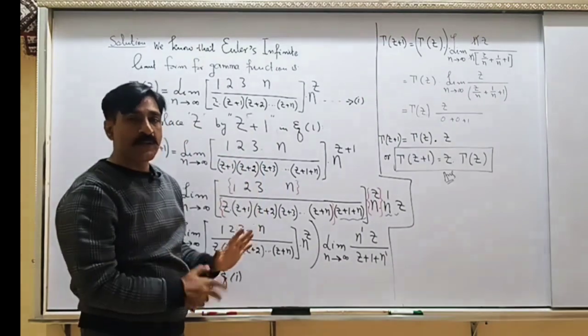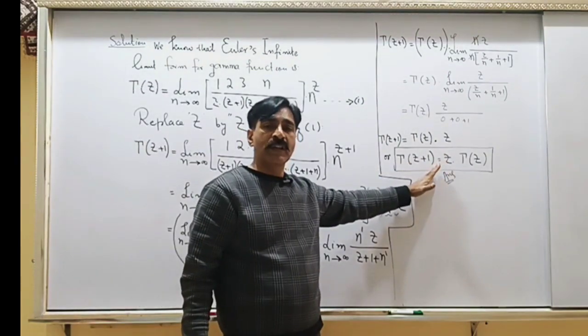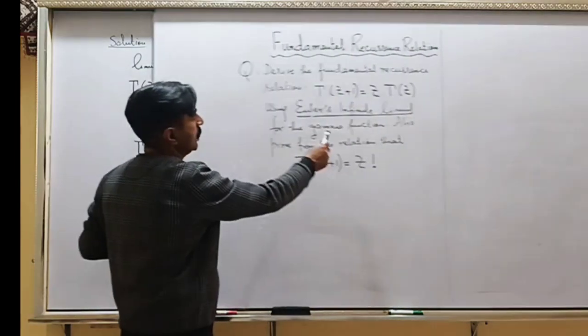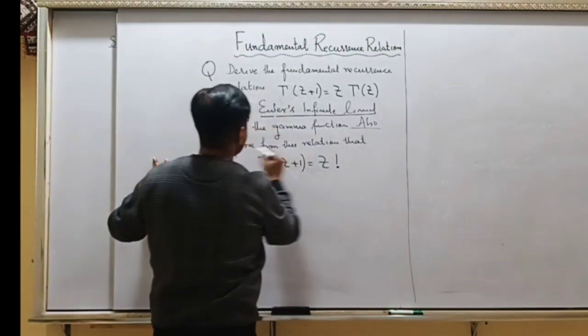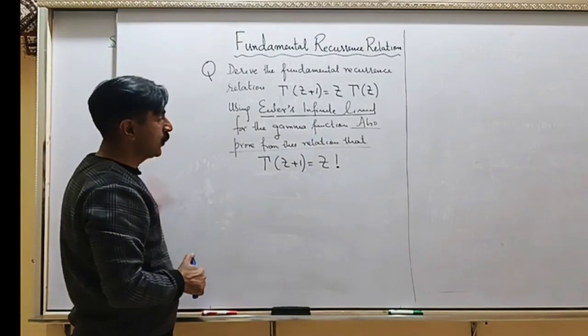So one piece of the question has been done. The recurrence relation has been derived. The other one, the second piece, is that you need to prove from this relation that gamma z plus 1 is z factorial.